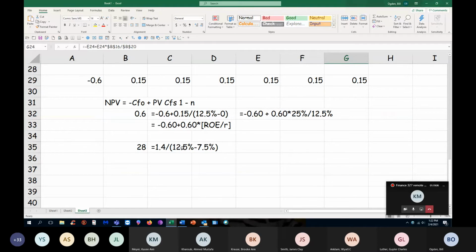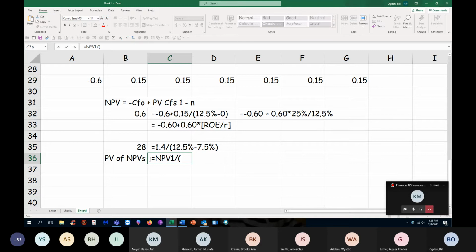And what happens if we discount it at 12.5%? Okay, so let's do the present value of the NPVs. And just following the same basic structure will equal NPV1 divided by, and again, these are all equity values, right?